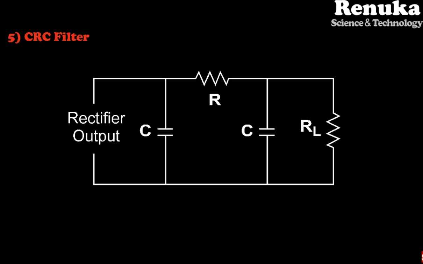Now, the last filter is the CRC filter. Just like the CLC or pi section filter, the inductor is replaced with only a resistance. As we have already used two capacitors for filtering action, they will do almost the same, bypassing the AC and blocking the DC.